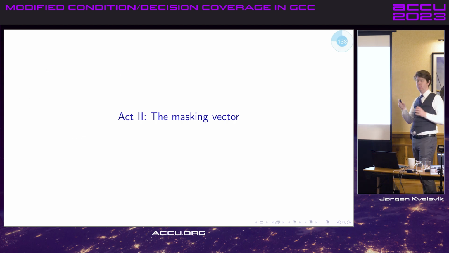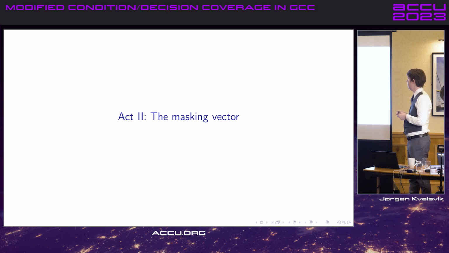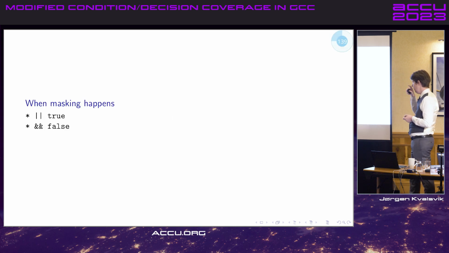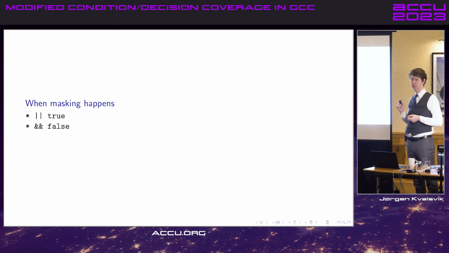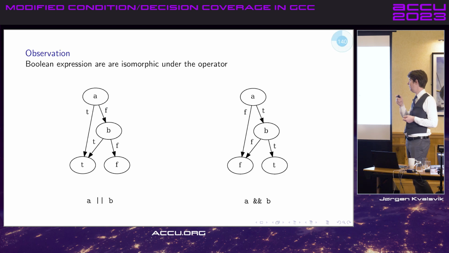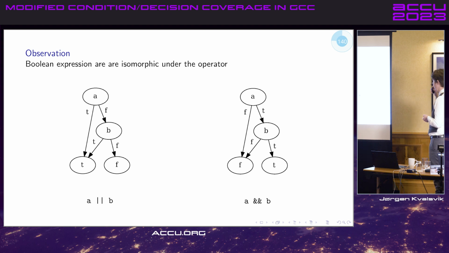Okay, so now that we've been able to infer individual Boolean expressions from the CFG, we need to figure out how they interact with respect to masking. Remember that masking happens when the right-hand side of an operator is true and false if it's or and and respectively. One thing you can notice is that graphs corresponding to Boolean expressions are isomorphic under the operator.